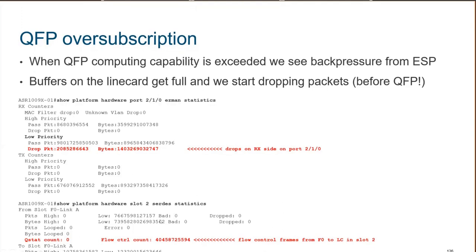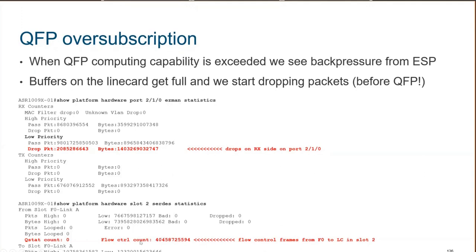So the next step is to check the ESI link between the SIP and the FP modules. When you check the slot 2 SERDES statistics, that is the Scooby link between slot 2 and the SIP, so slot 2 and the FP, you see that the flow control count is increasing. Flow control means the packets are being dropped because the FP is not able to handle those.